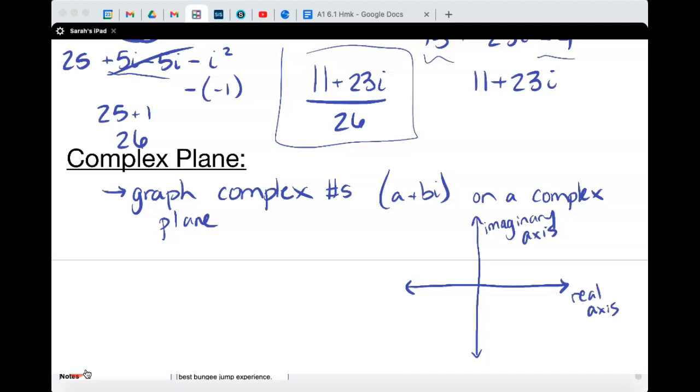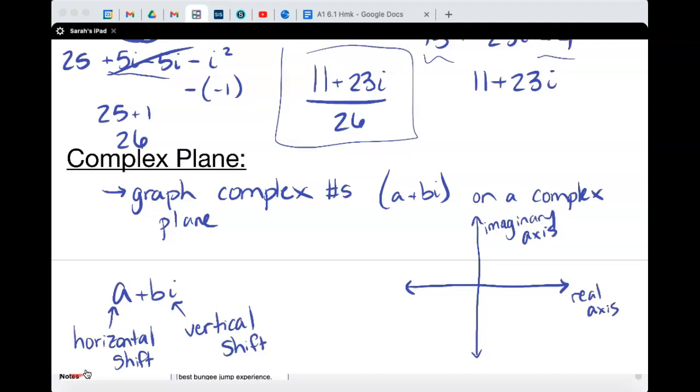So instead of the x-axis, y-axis, we have real, imaginary. So basically, if I'm given a plus bi, this is a horizontal shift. So if it was 2 for the a value, I'm going to write 2. And if I have bi, this is the vertical shift. So this a plus bi is acting like an ordered pair.